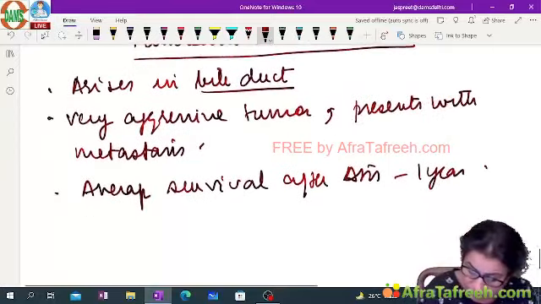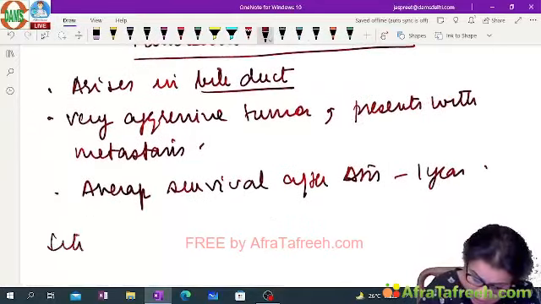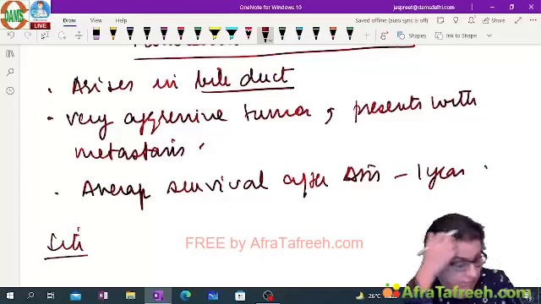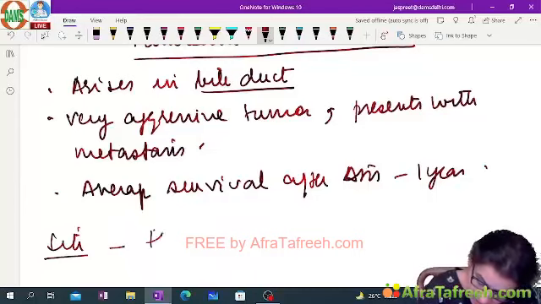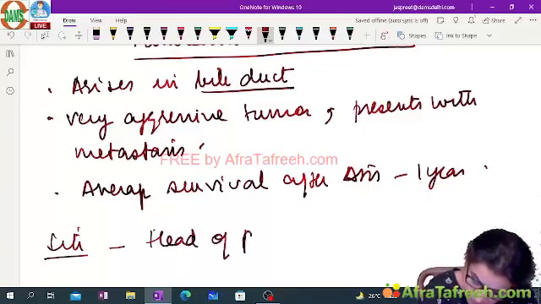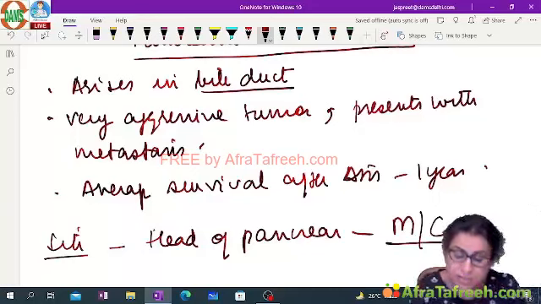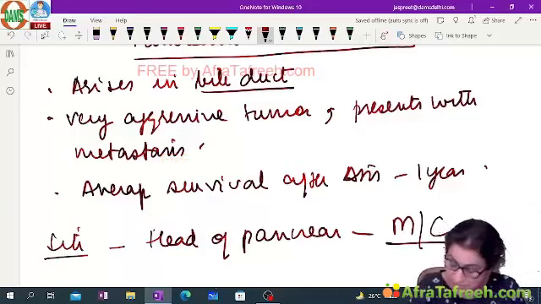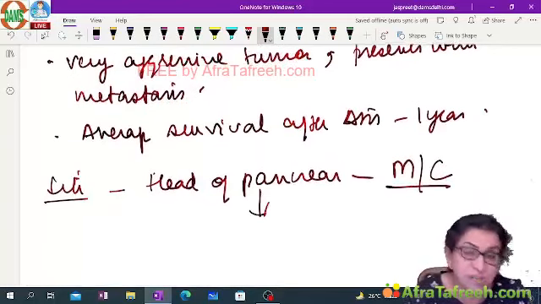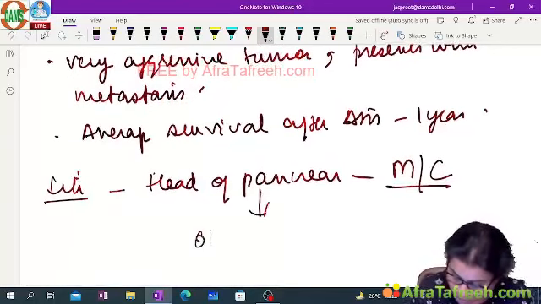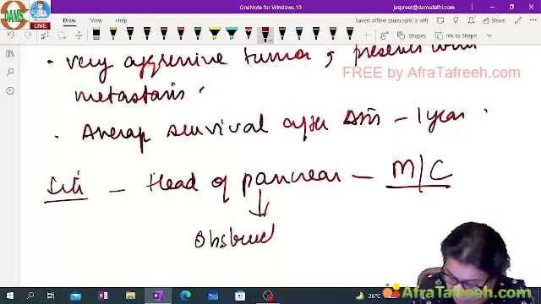In the pancreas, where will you find the tumor? Most commonly the head of the pancreas. When it arises from the head of the pancreas, it will cause obstructive jaundice, so the patient will present with obstructive jaundice.